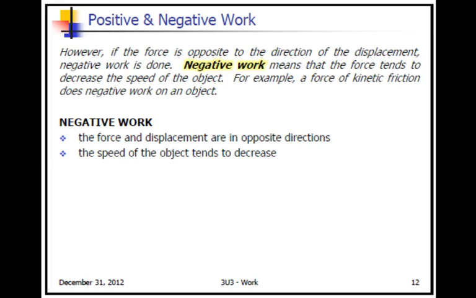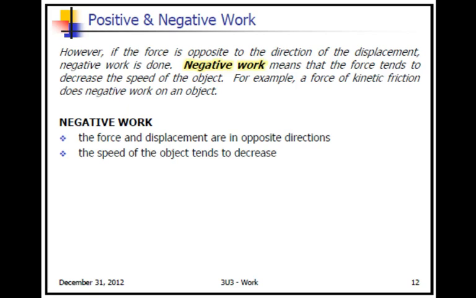Let's say we have an object moving at a constant velocity, and then it starts to experience a friction force. Well, that friction force is applied against the direction of motion, and the object might slow to a stop.